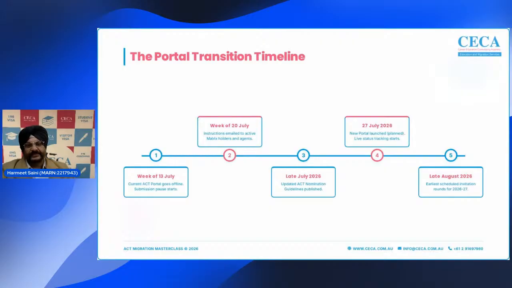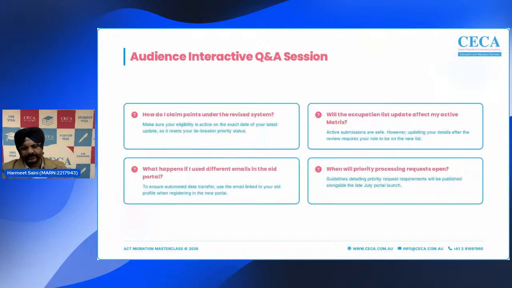Then on 27th of July 2026, the new portal will launch and the live status tracking system will start. Then in late August, an early scheduled invitation round for 2026-2027 will probably happen if seats are allocated by the federal government. So that's how the new ACT system will take place in the new financial year.